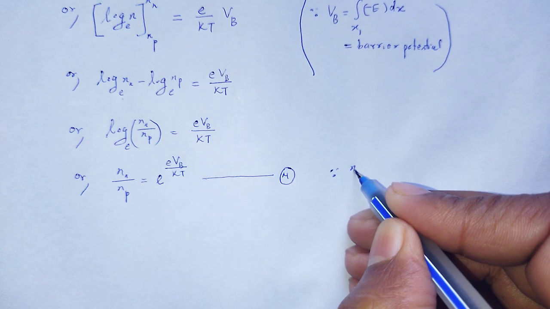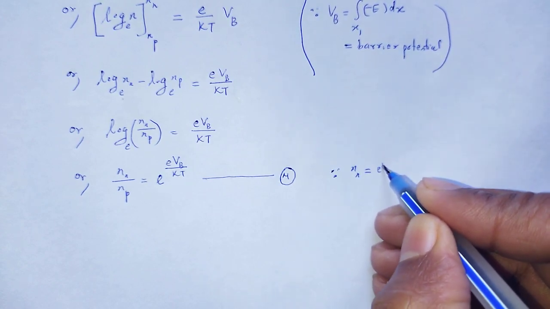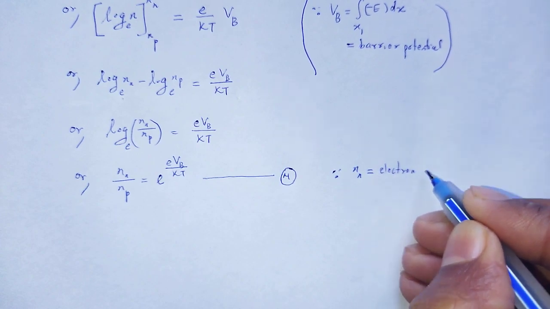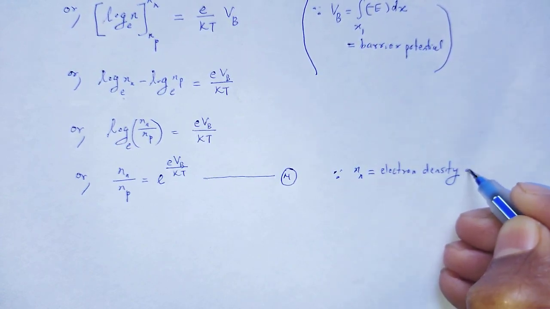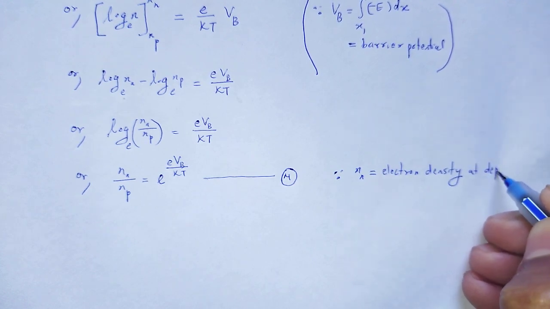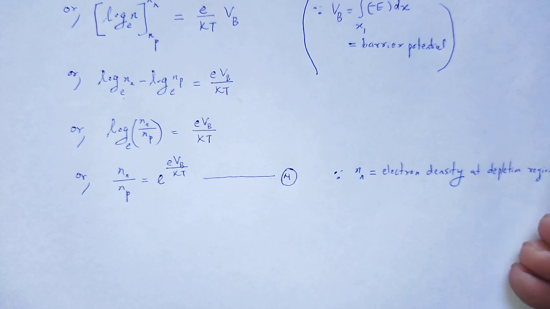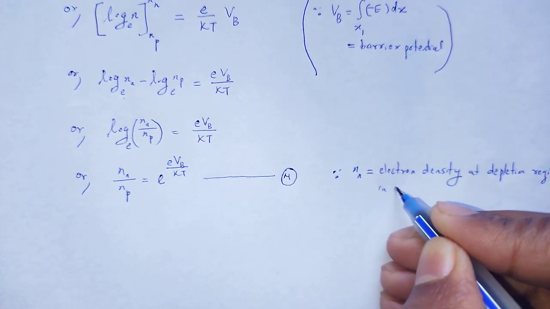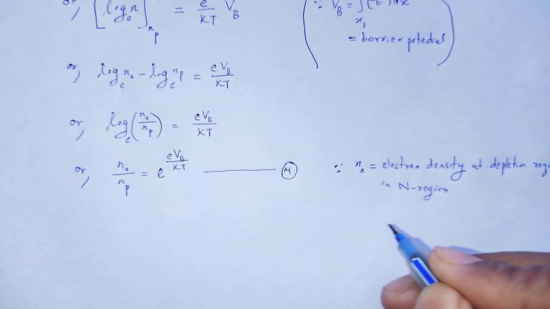So, I write nn as the electron density at the depletion region in the n region, the n-type semiconductor region.